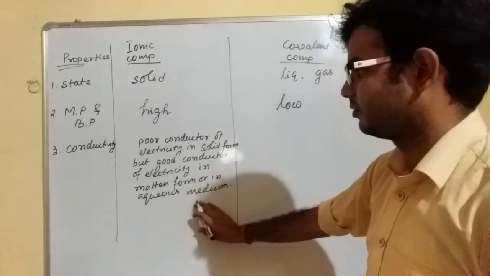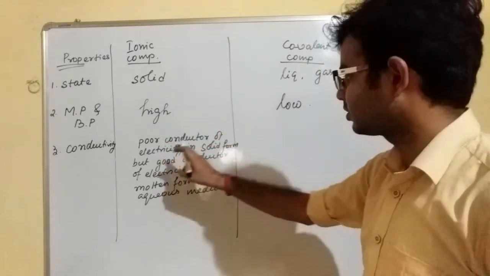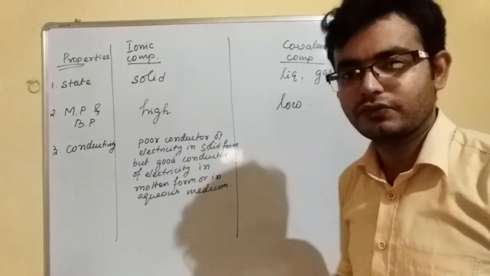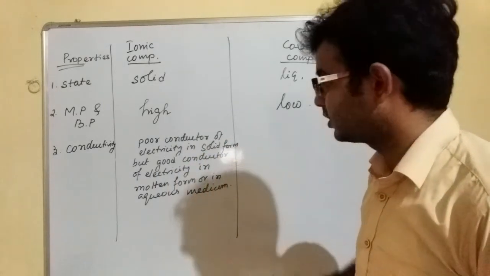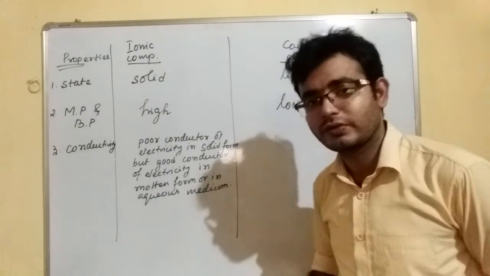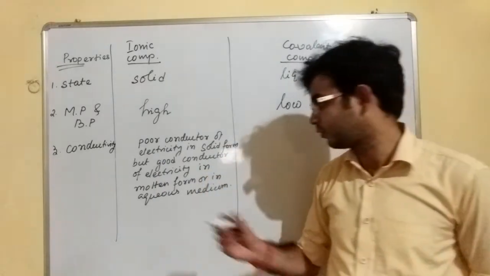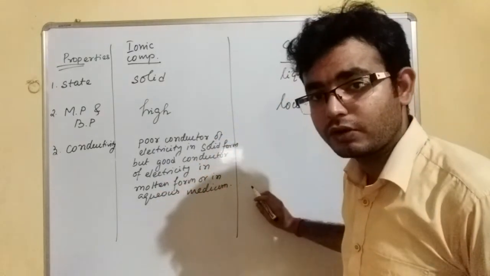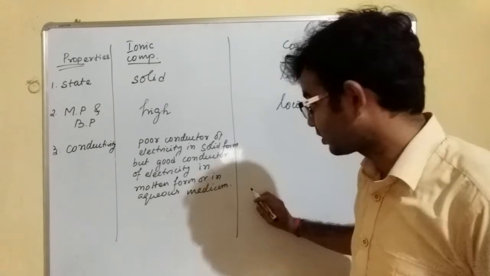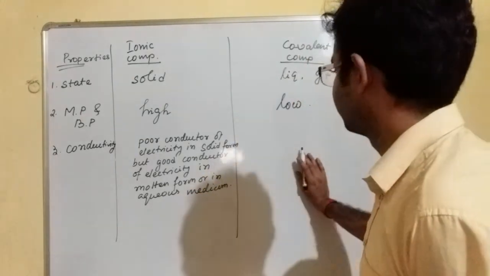Okay, I think it can be visible. Poor conductor of electricity in solid form, but good conductor of electricity in molten form or in aqueous medium.